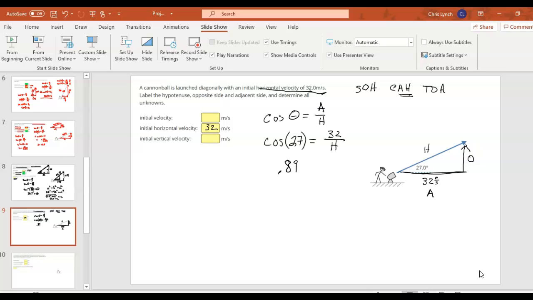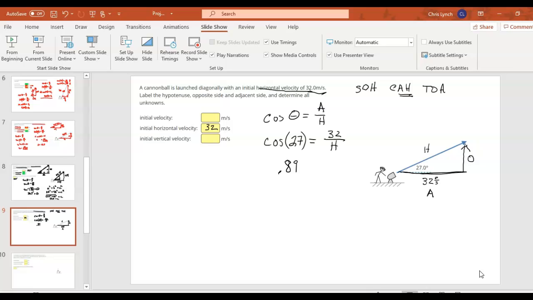So the hypotenuse is a little bit bigger, but not that much bigger. I wouldn't expect a number that's dramatically bigger here for the hypotenuse. A little bit bigger, maybe 33, or maybe more like 35, but not tremendously bigger. It should be about 10% bigger. So maybe about 35 or so.